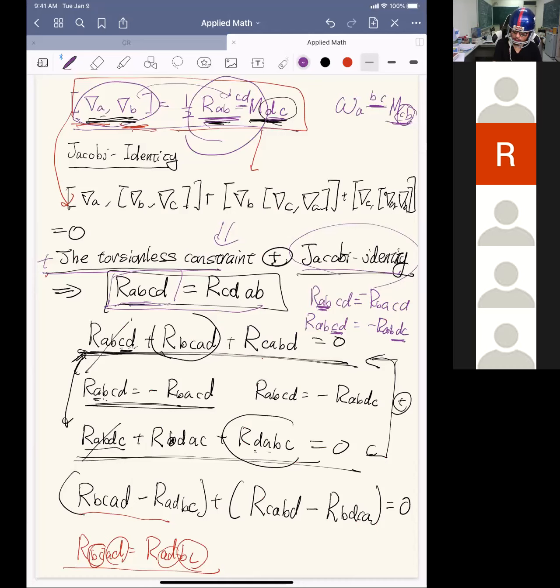Let me say it another way. First of all, you can always separate this into the symmetric piece and the antisymmetric piece, right? Do you agree? Yes. Now, since this is antisymmetric, the antisymmetric multiplying the symmetric piece will be 0.